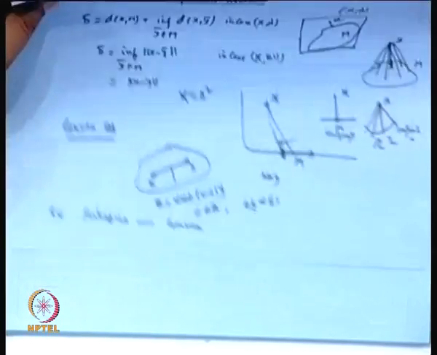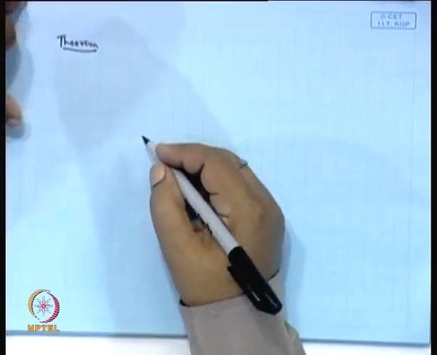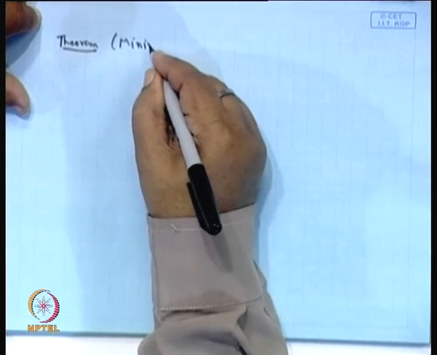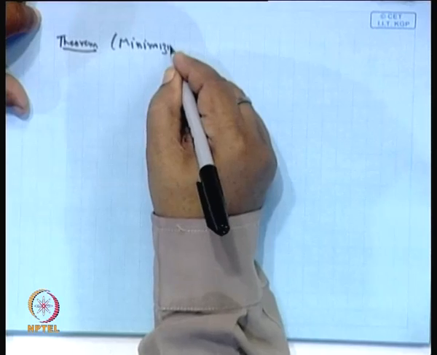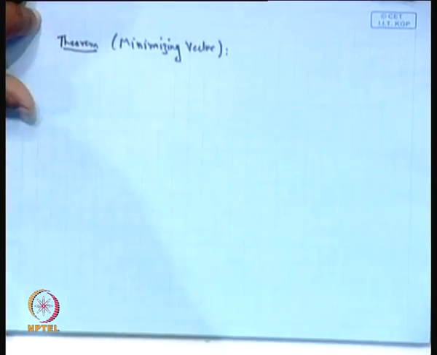Now, we have a result based on this uniqueness problem, which is called the minimizing vector theorem.